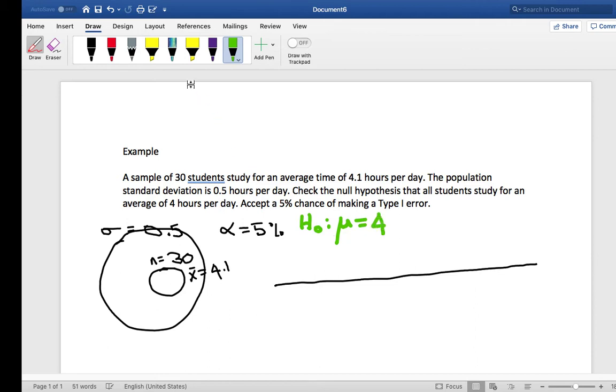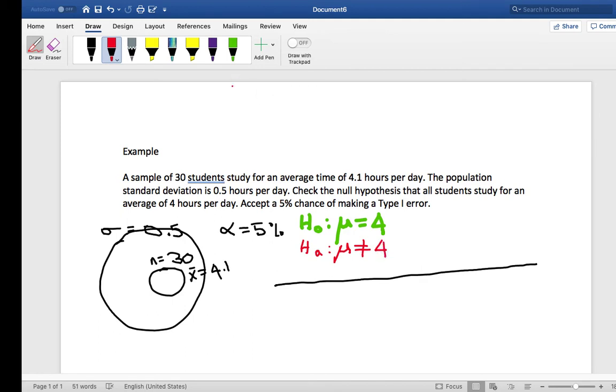And the alternative hypothesis, HA, is that the average does not equal 4 hours a day.